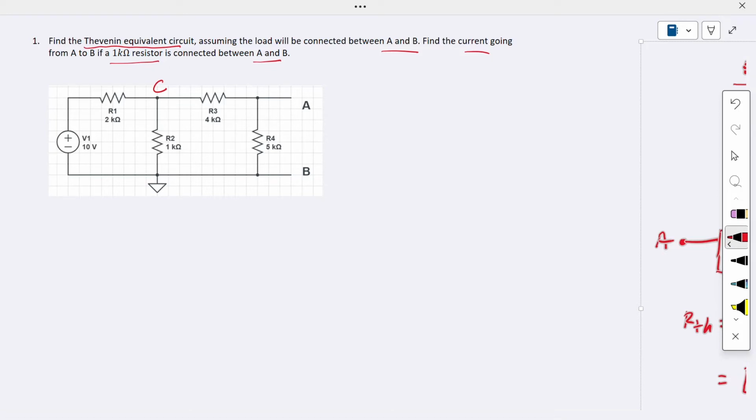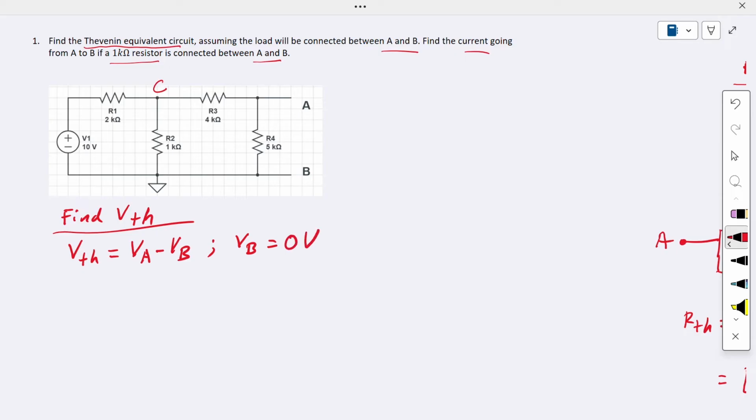We find the voltage at C node, and then we use that C node voltage to find the voltage at A. What is the VTH? VTH is the potential difference between VA and VB. So we know that VB is the reference ground, so it's 0 volt. So we find VA, then we can find the VTH value, right?